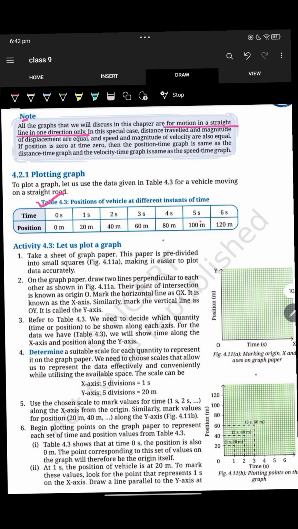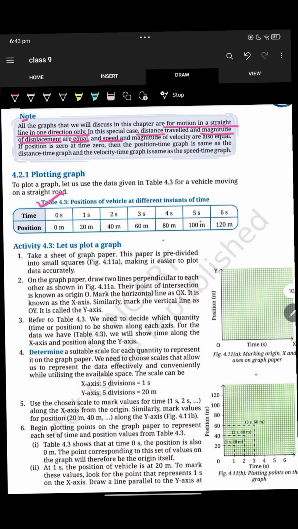In this special case, distance traveled and magnitude of displacement are equal. We know there is a difference between distance and displacement. Here distance is a scalar quantity, while displacement depends on the direction and is a vector quantity. But here we are going to consider such cases where distance and displacement have the same magnitude.